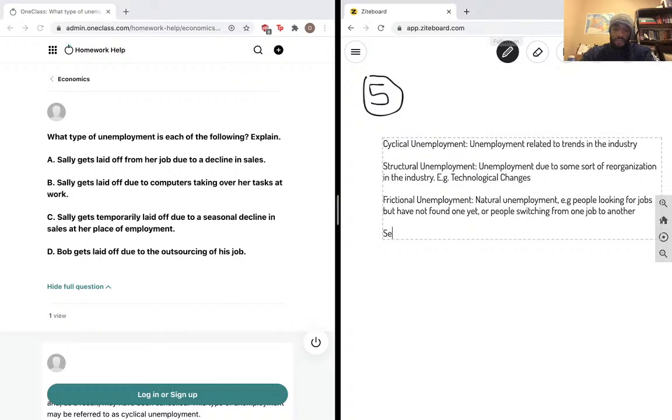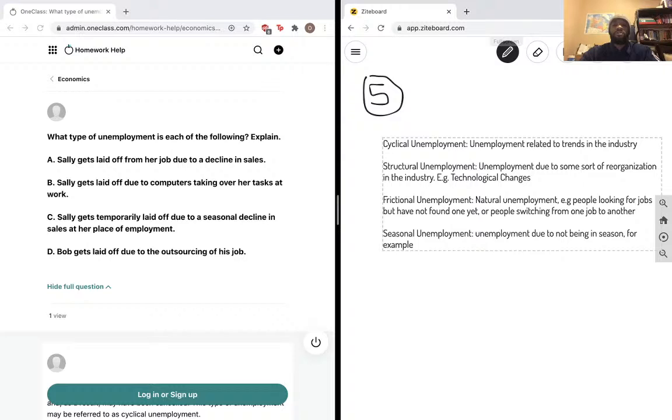And finally, we have seasonal unemployment, which is unemployment due to not being in season. For example, if there was a store that just sold only Christmas trees, no one's buying a Christmas tree in March. No one's buying a Christmas tree in April.